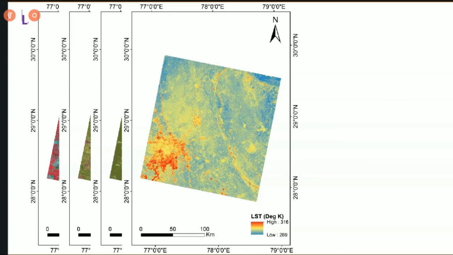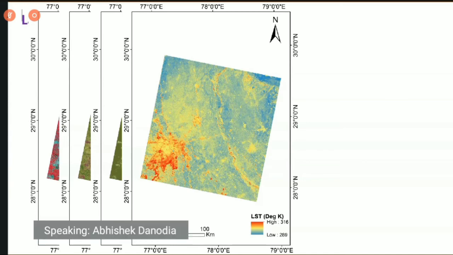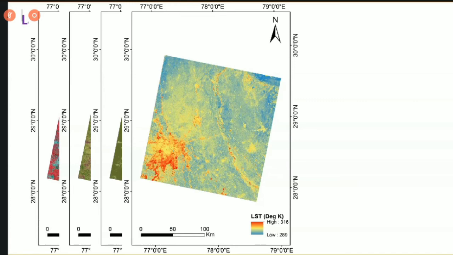All details are in various research papers, including my own, so there is no need to worry about the data sets or how we derive them. All the methodologies are available in written form in various papers. So using the radiation and radiance information, emissivity and NDVI, we can generate the land surface temperature.